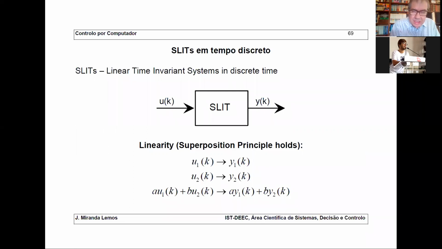Okay? What is a time invariant system? It is a system such that if you do an experiment now, so you apply some stimulus to your system and you get some results, okay? And you do it now at 9:38 in the morning.